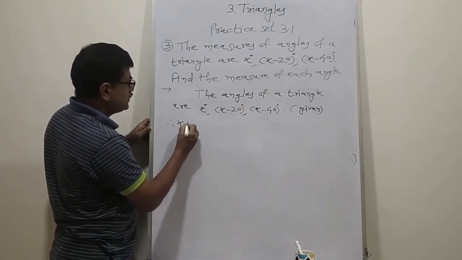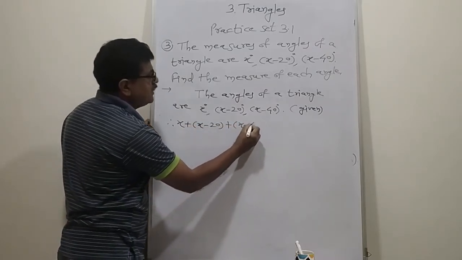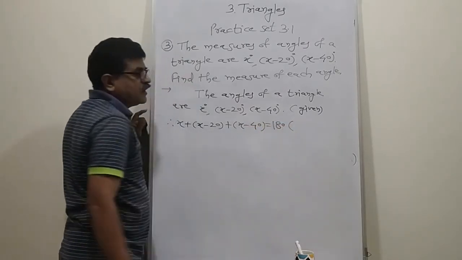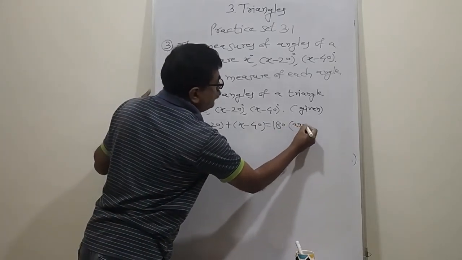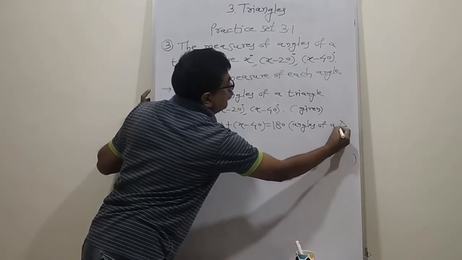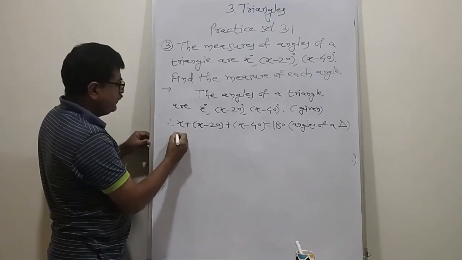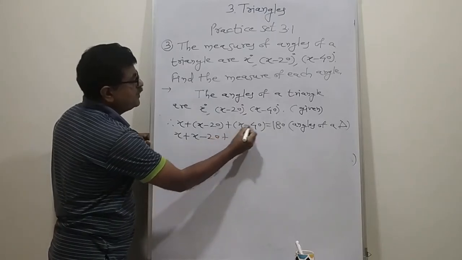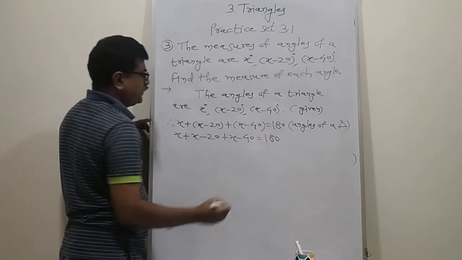Therefore, x plus x minus 20 plus x minus 40 is equal to 180. Write down in brackets the reason: angles of a triangle. Now solve. x plus x minus 20 plus x minus 40 is equal to 180.